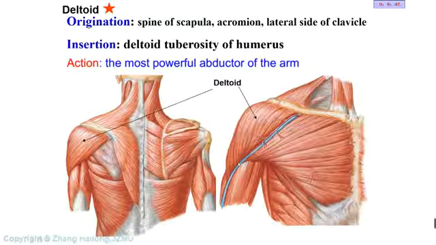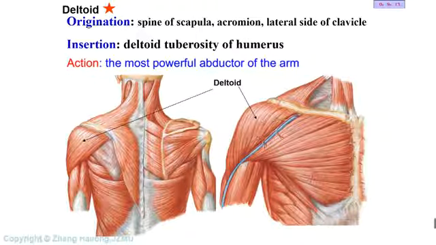So the function: when this muscle contracts, it will make your upper limb, your humerus, move laterally. So this function is abduction of the shoulder. It's the most powerful abductor muscle of your arm.